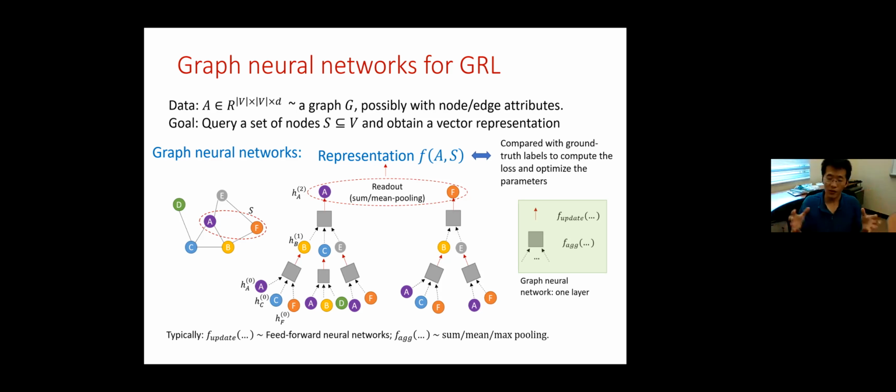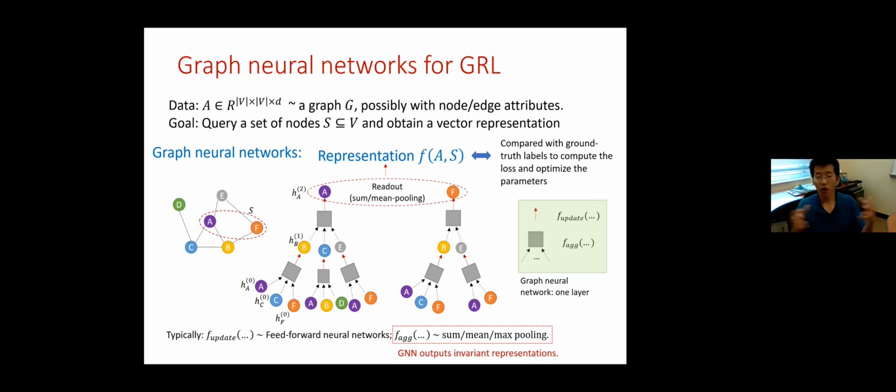Of course, this final representation will be compared with some ground truth label to compute the loss, and we minimize this empirical loss by optimizing the parameters in the graph neural network. The parameters are contained in this update function, because usually the update function is just a feed forward neural network.